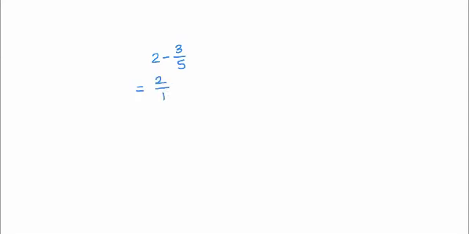Any whole number can be represented as a fraction with denominator 1. So 2 upon 1 minus 3 upon 5. Now we have to make the denominators the same. For 1 and 5, the LCM is 5.